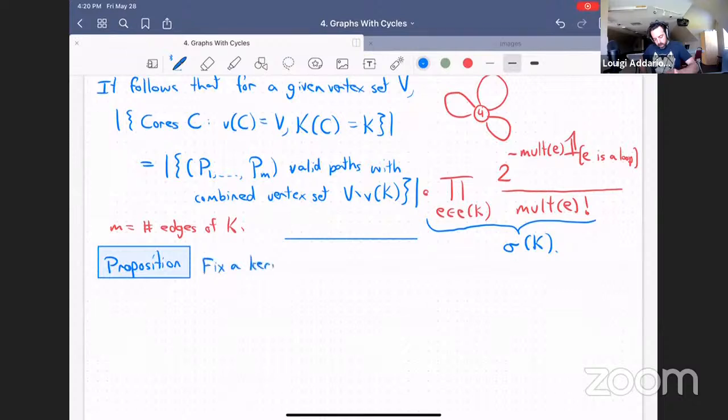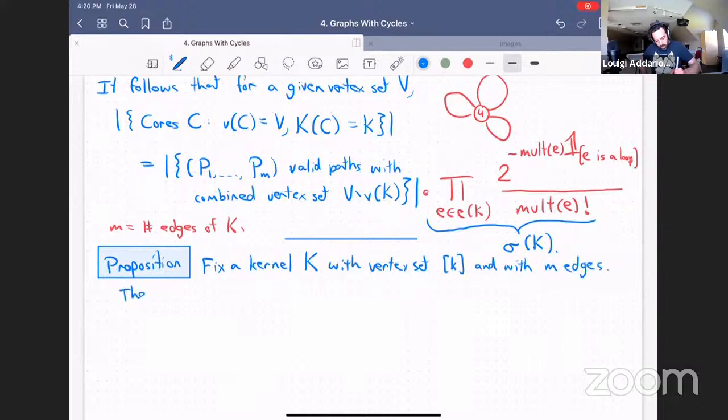Let's fix a kernel K with vertex set, say, the first k integers, and with m edges.